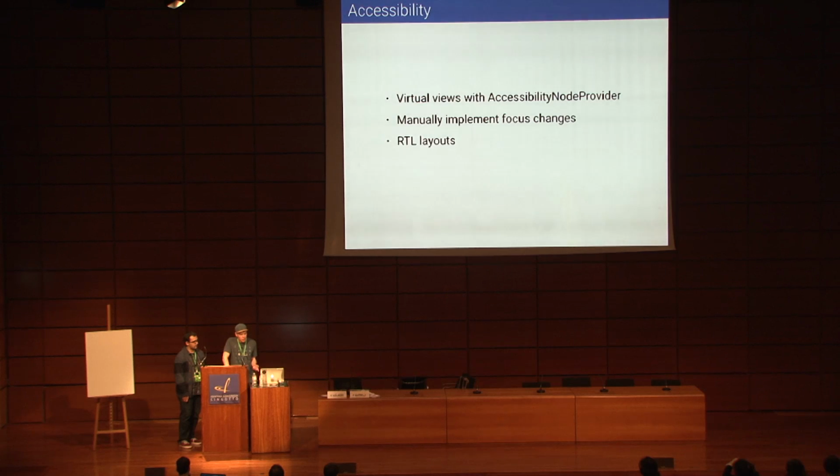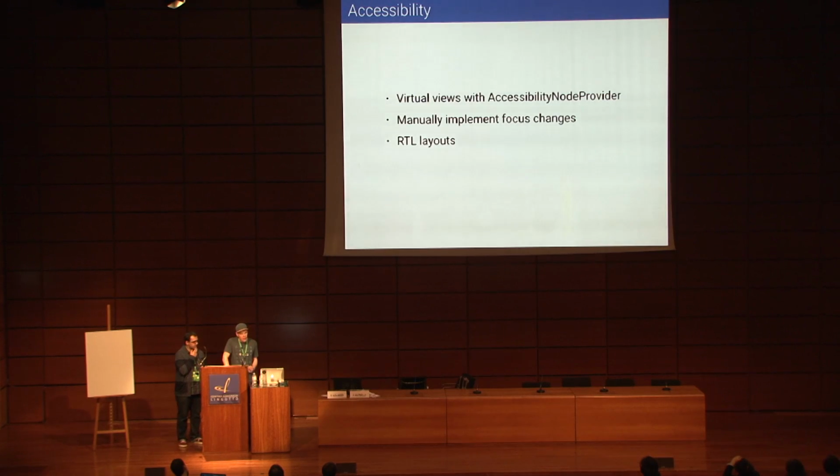And again, with accessibility, you probably want focus changes, which there are also APIs for, but it definitely takes a lot more work than just relying on the view system. So again, look at metrics and see, do I really need this? If you do, it's probably worth it, but look at the metrics first.